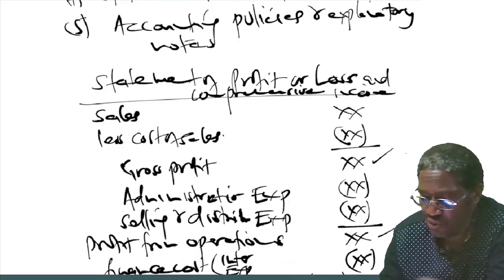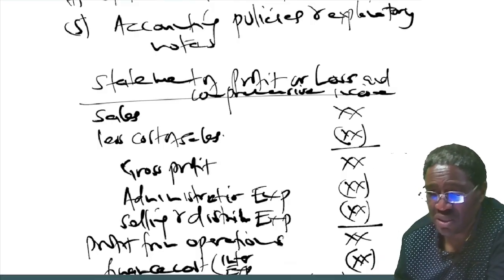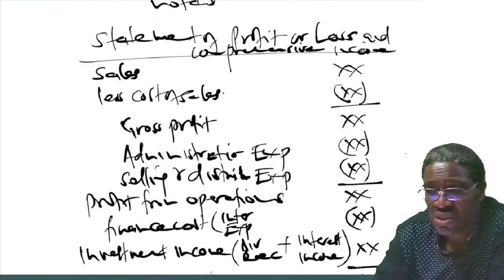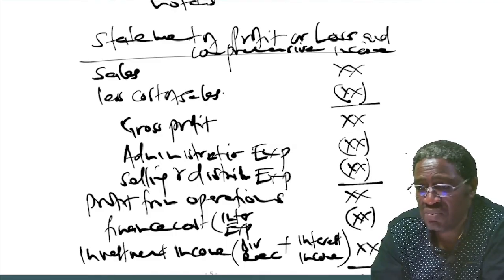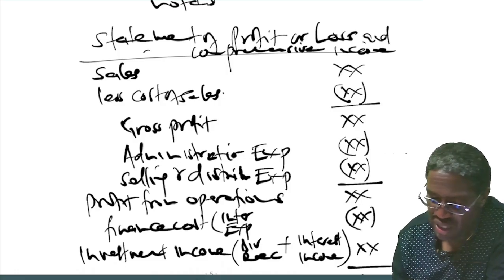Let's put down this format. You write that subheading, statement of profit or loss and other comprehensive incomes. Sorry, the word other is missing.